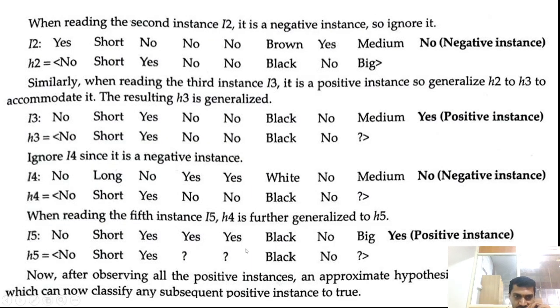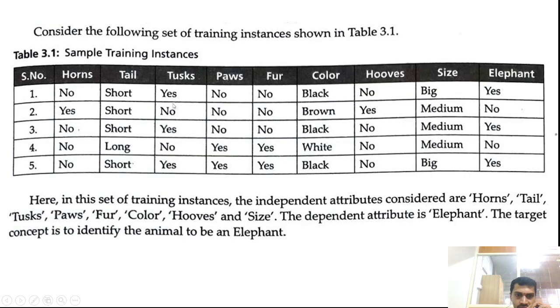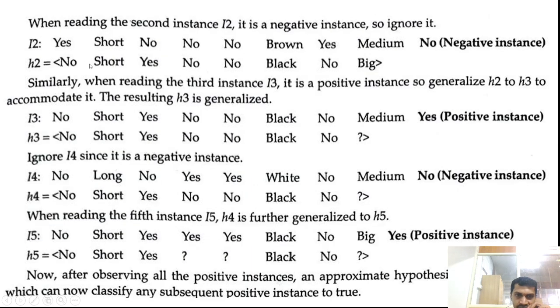Next, iteration 2 has a negative instance. The previous one was a positive instance, the elephant classification. This is a negative instance, with attributes yes short, no, brown, yes, medium.